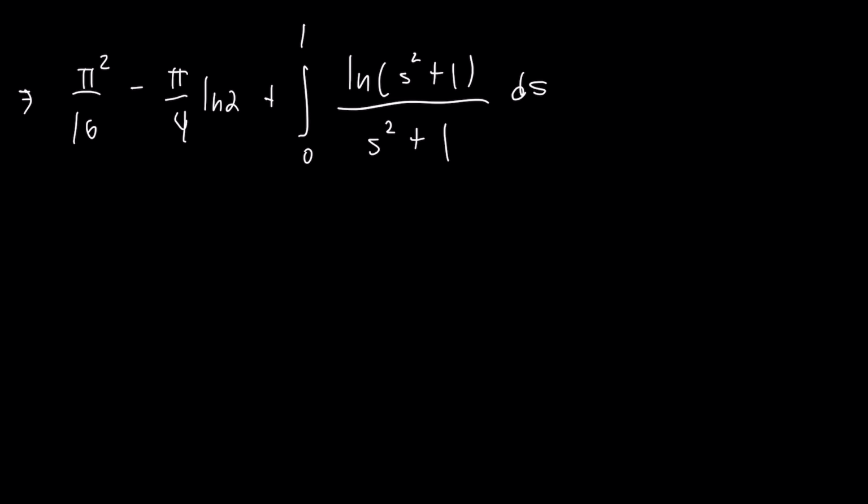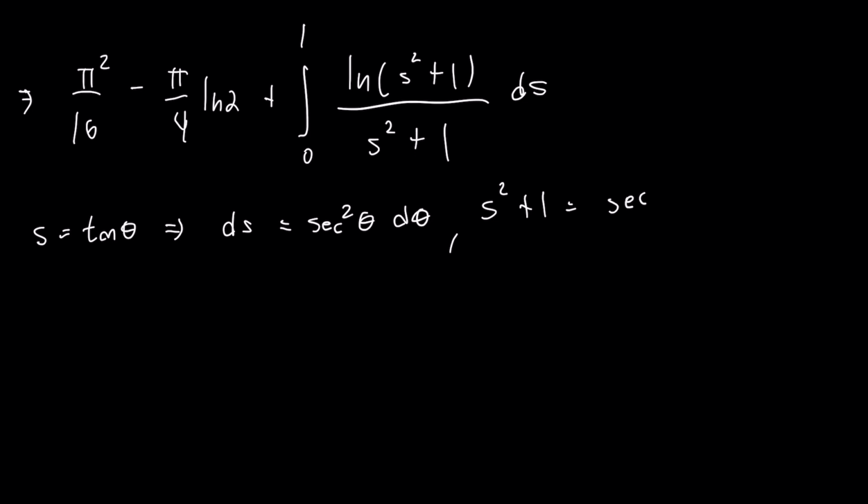And then from here we will use substitution. So we're going to let s equal the tangent of theta, which means that ds equals secant squared theta d theta, and that s squared plus 1 will be tangent squared plus 1, which is the secant squared theta.